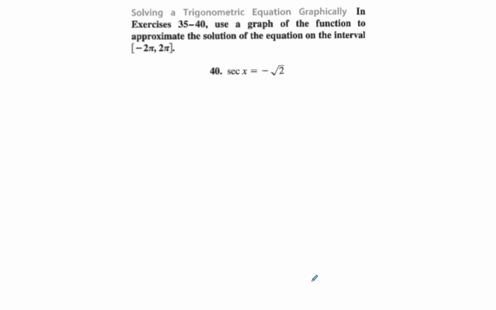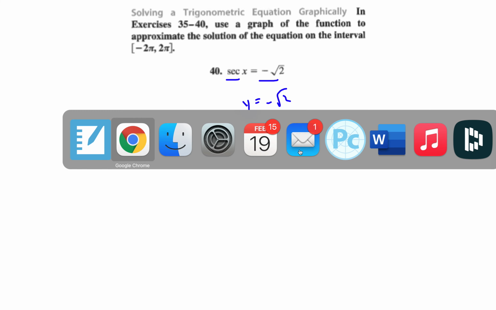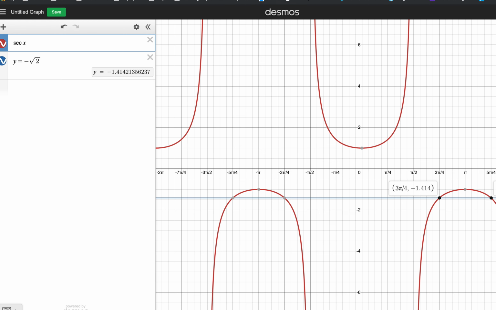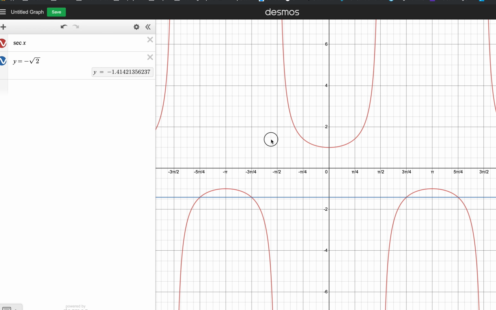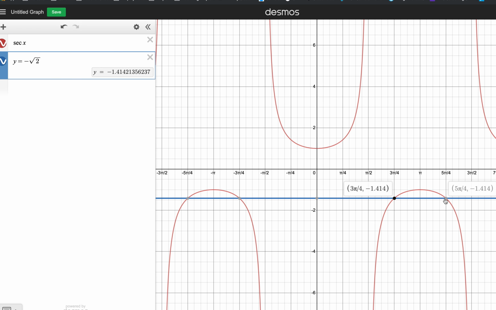Use a graph of the function to approximate the solution. So what I'm going to do is I'm going to graph this function in Desmos, and then I'm going to graph this function in Desmos and see where they intersect. Okay? This is what this would look like. So I need to pull up my appropriate graphing window. So this means that I'm looking at these points right here.